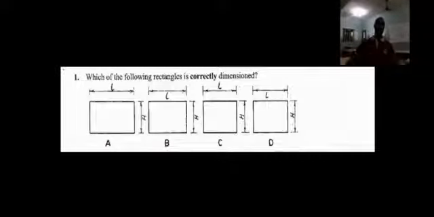Question number 1. Which of the following rectangles is correctly dimensioned? This question has been occurring repeatedly. The answer to this particular question is C. The simple reason is this: in dimensioning, it is required that the lettering or number be placed above the dimension line, like this one, or written from the left-hand side as it is written here.